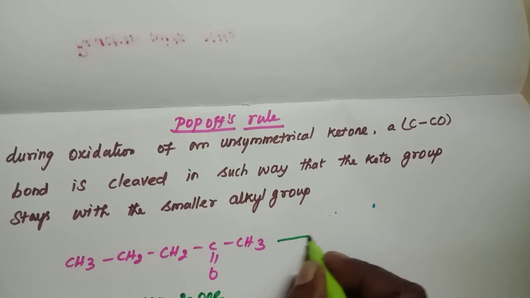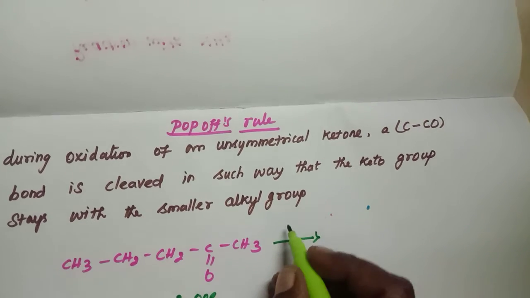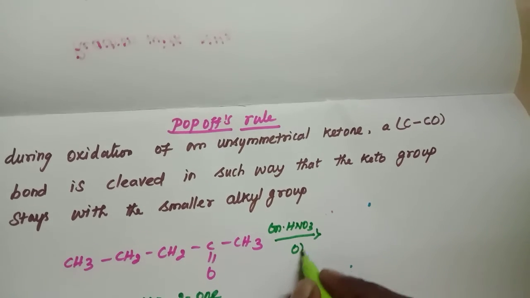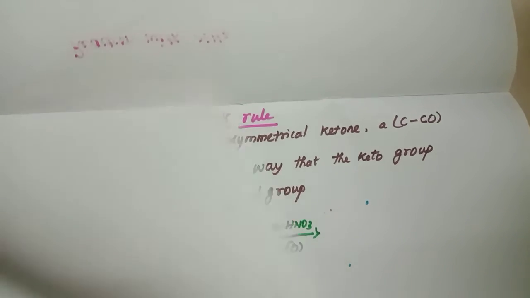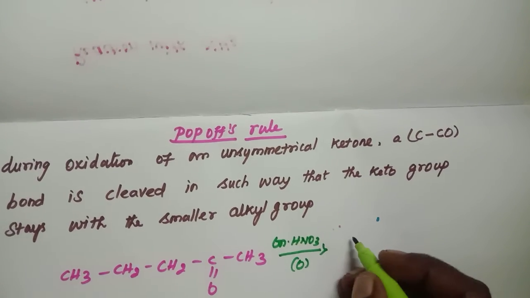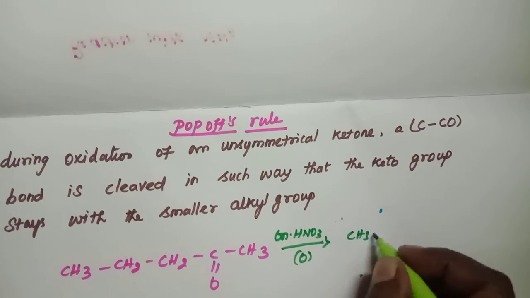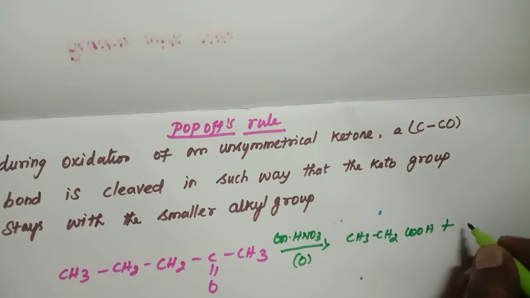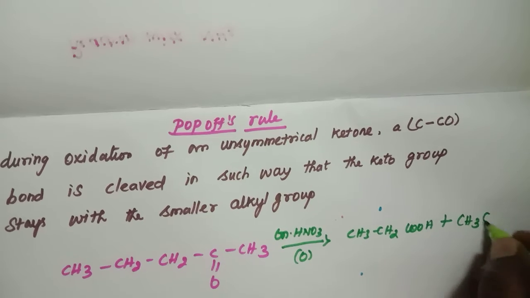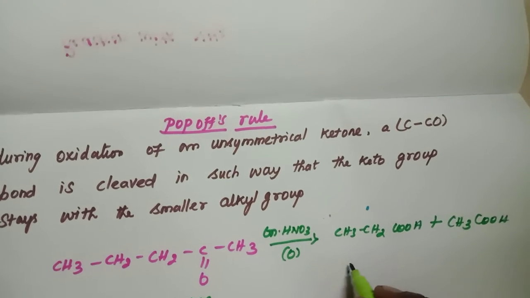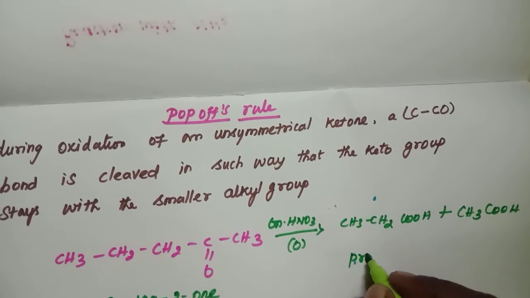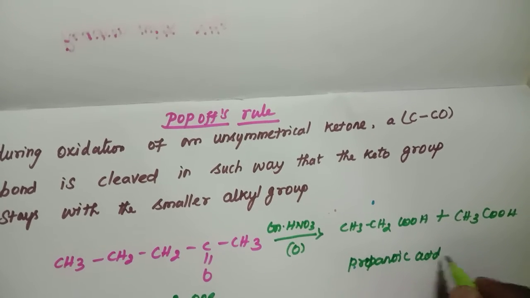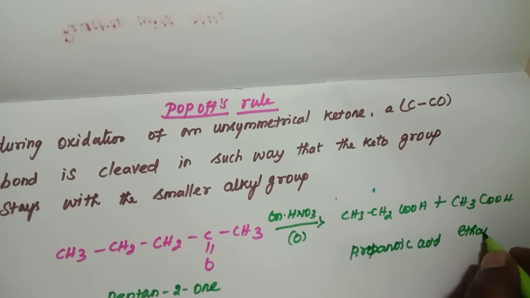When this ketone undergoes oxidation in the presence of concentrated nitric acid, it gives CH3 CH2 COOH plus CH3 COOH. This is propanoic acid and this is ethanoic acid.